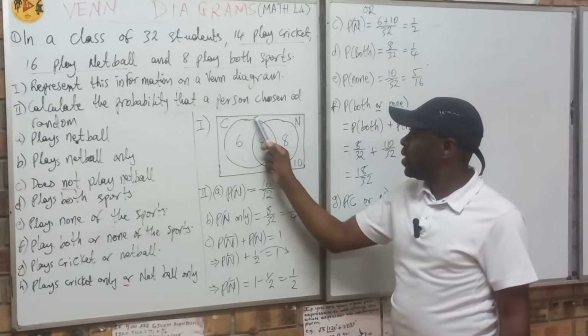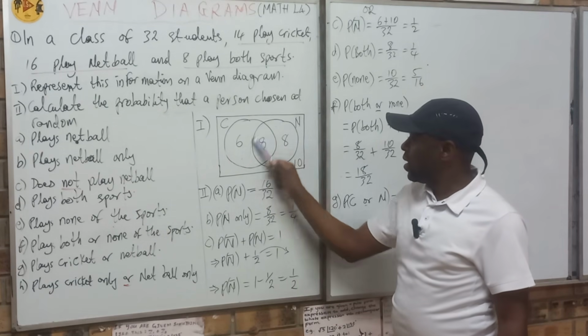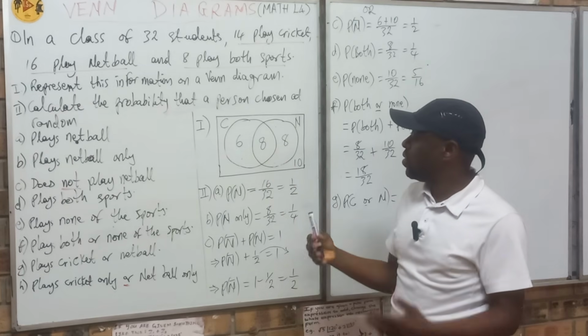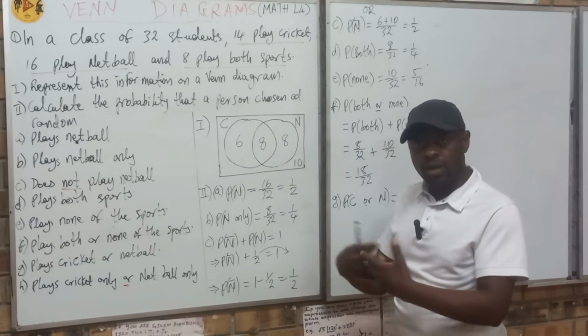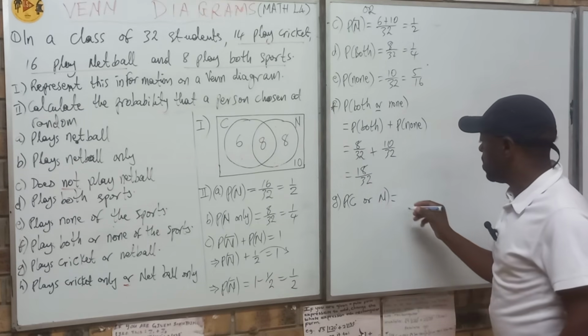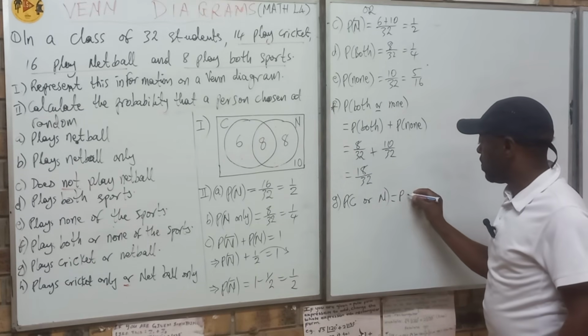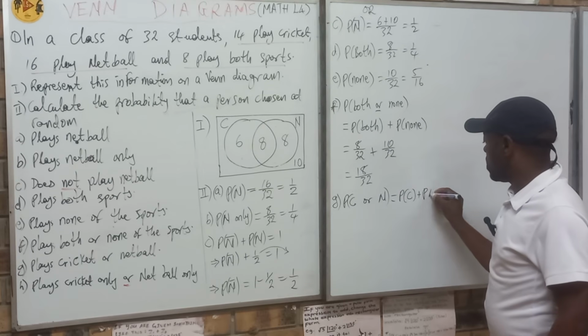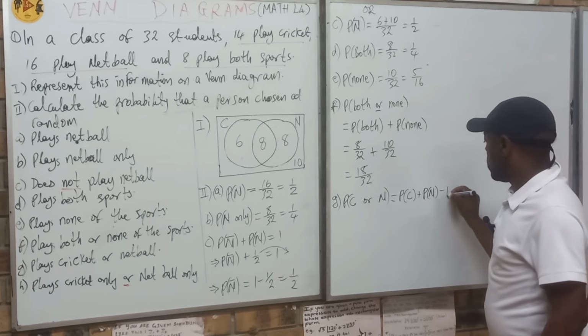And if you look at what I'm doing, when I take C and I take N, I pass through the center twice to show you that they are overlapping. The two are overlapping, so they are mutually inclusive. For level 4 students, that formula is formula 31 on your formula sheet. If you prefer to use the formula sheet, this is how I will write down the formula.